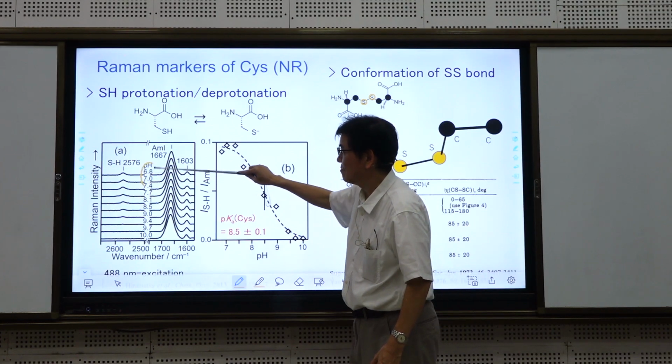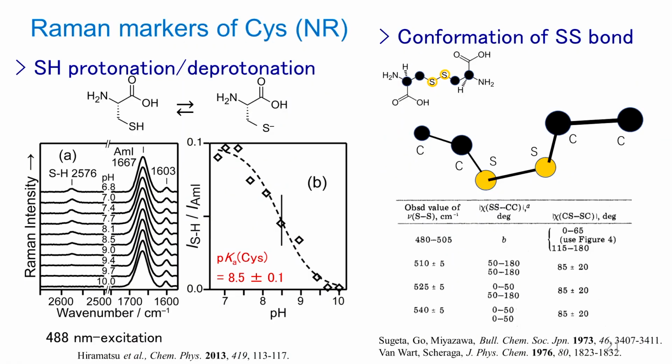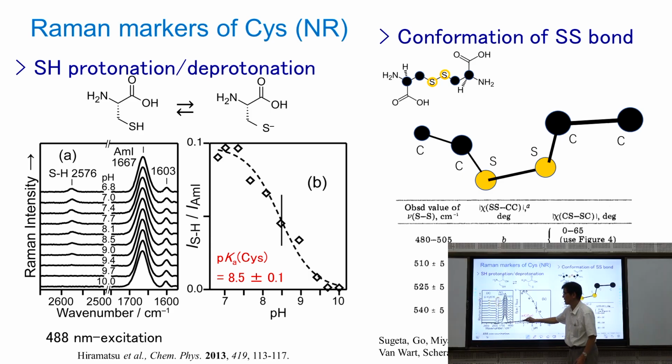At neutral pH, the SH bond has an intensity, but it gradually decreases. At pH 10, there is no peak. So we can plot the SH intensity with respect to pH value, fit the data points with a sigmoid function, and determine the pKa of the cysteine side chain. So this is a good marker to analyze the status of the SH side chain.